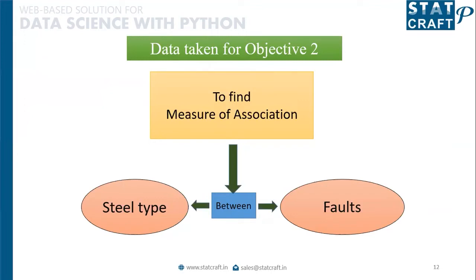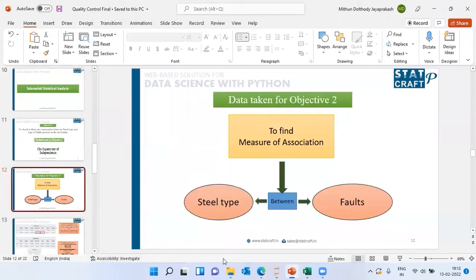This is a simple test that we use in statistics, and the goal of Chisquare is to find if there is a relationship between two categorical variables. Remember, steel type is a categorical variable. The variable faults is also a categorical variable. We are interested in finding out the relationship between these two categorical variables. How do we perform the Chisquare? To see how the Chisquare test is done, let me take you to Statcraft.